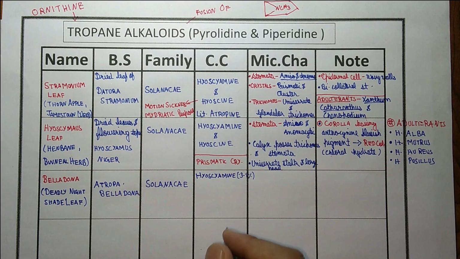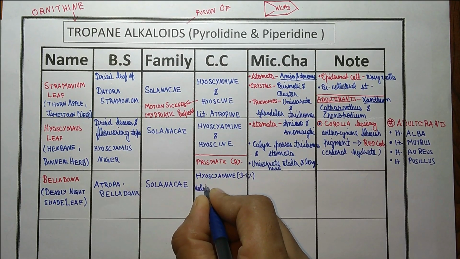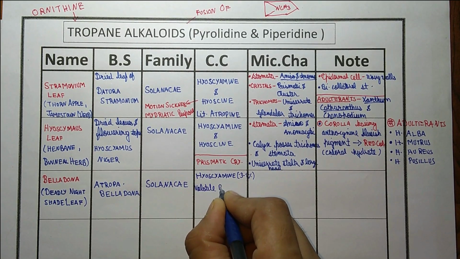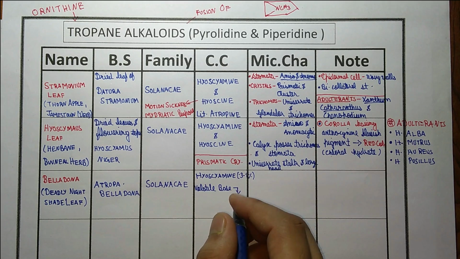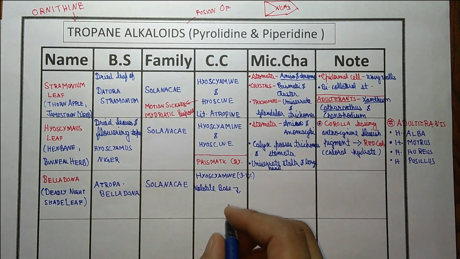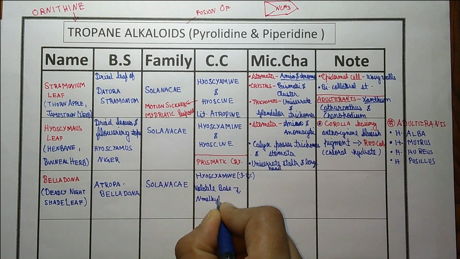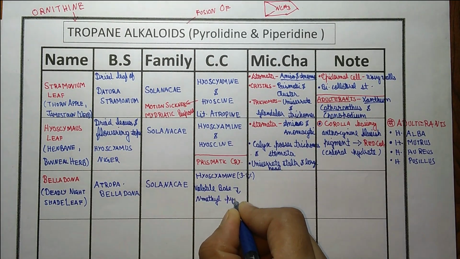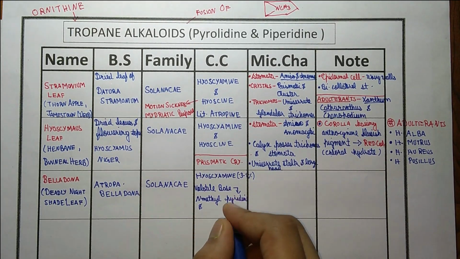And the next one is volatile bases, that is N-methyl pyridine and pyrroline.